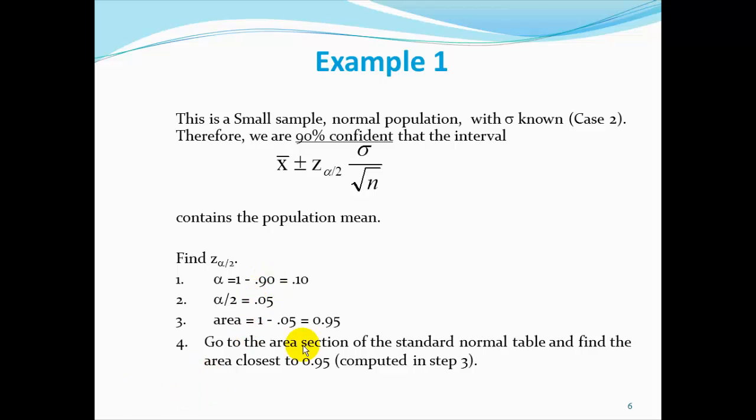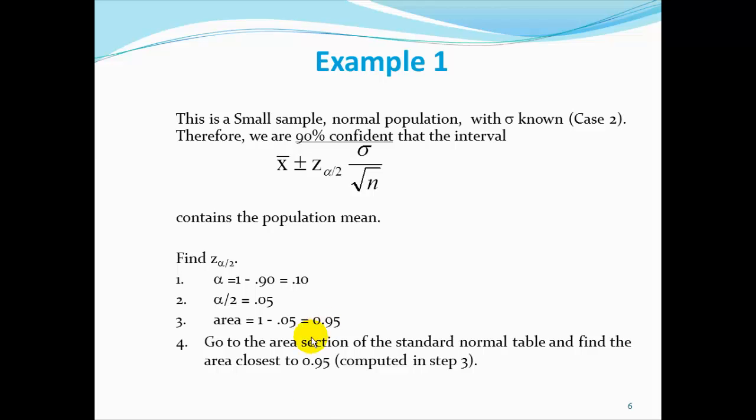In step 2, we compute alpha over 2, 0.1 divided by 2, and obtain 0.05. In step 3, we compute the area that we need to look up on our standard normal table. The area is 1 minus alpha over 2, or for our case, it's 1 minus 0.05, which equals 0.95.